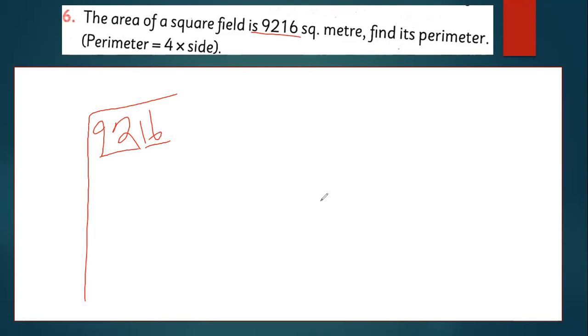So what should I use? 2,304. No, I'm just finding the square root of this number. So first make the pairs.